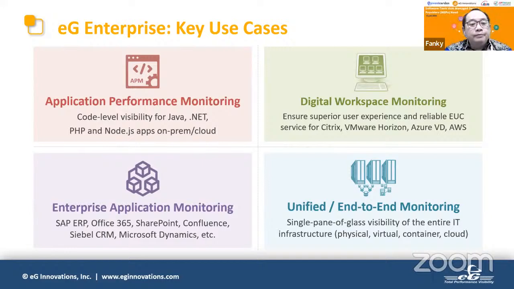With EG Innovations, our licensing is based on the number of server operating systems we support. So we don't consider CPU, we don't consider number of instances, we consider number of operating systems. That makes our solution much more effective for application performance monitoring than some of the other tools that are out there.